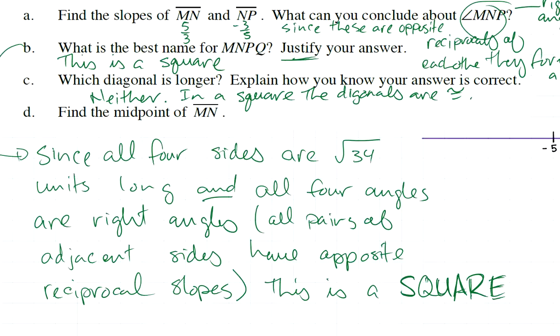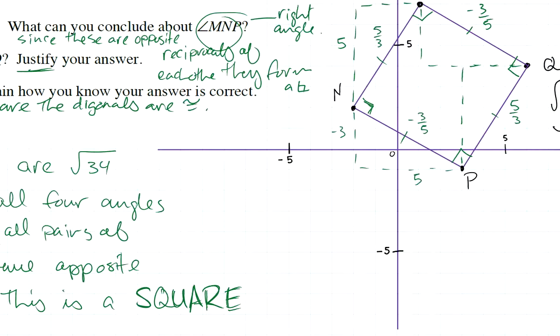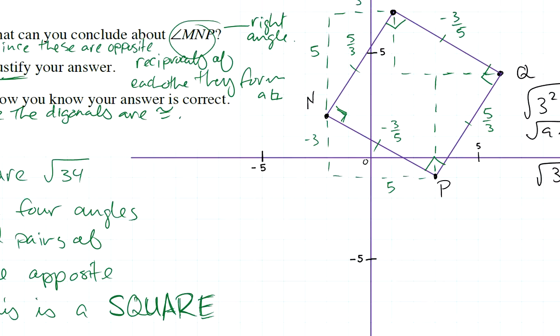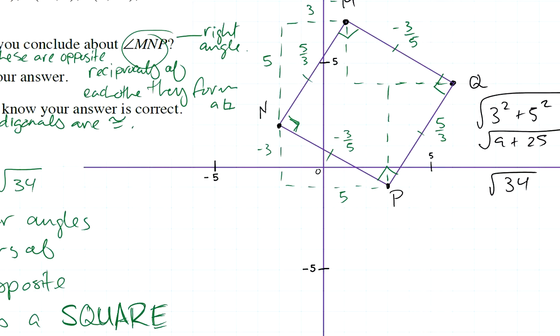Now, just because I said that, it's probably a good idea to verify that, because that's just me thinking. If I was to look at this particular diagonal here, that diagonal has 2 sides. One is 2 units long, and the other one is this many units long.